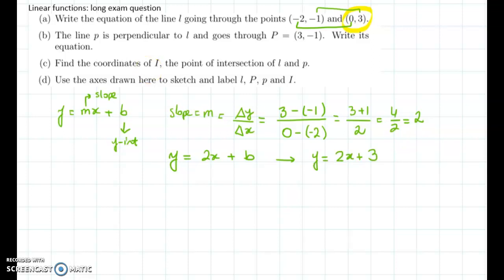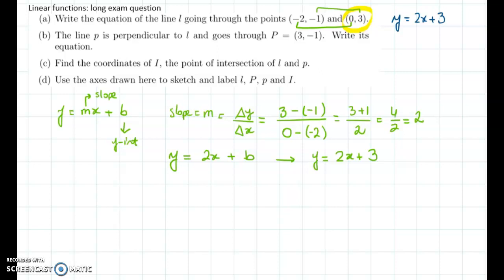So we have our answer for part A, y is equal to 2x plus 3. If I were doing this in an exam, I would make sure that I didn't make any mistake by checking that the points verify the line, so that if x is equal to -2, then the result for y is -1, and if x is equal to 0, the result for y is equal to 3.